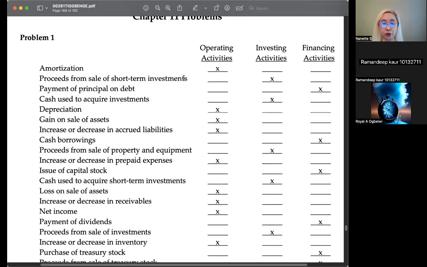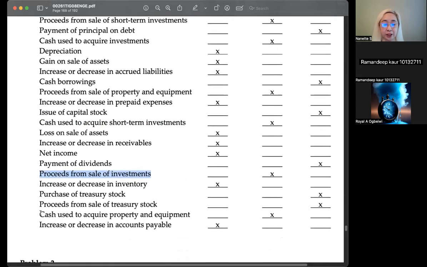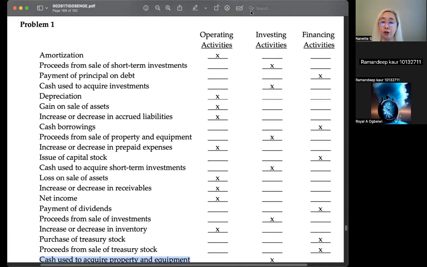Proceeds from sale of short-term investment, cash used to acquire investment, proceeds from the sale of property and equipment, cash used to acquire short-term investment, proceeds from the sale of investment, and then you have cash to acquire property and equipment. All these are under your investing activities.